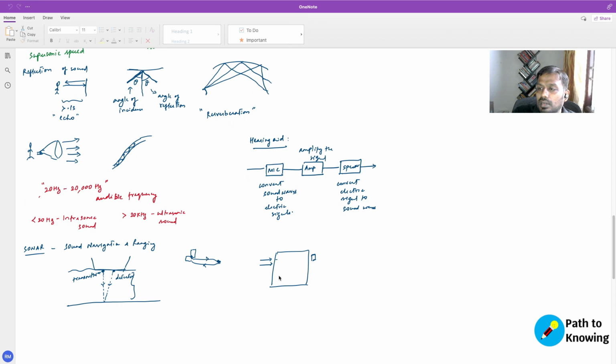Those would most likely be reflected back to your origin, or be lost. In those scenarios, you can find out that there is some problem internal to that particular object. So this is another important use of ultrasound waves, to identify any internal cracks or internal damage in a huge object.